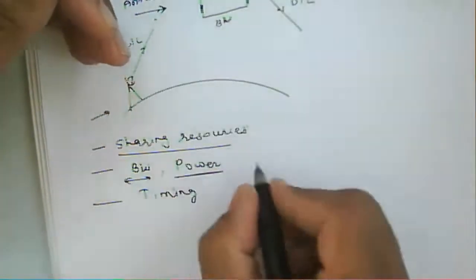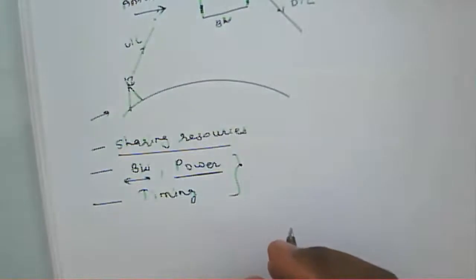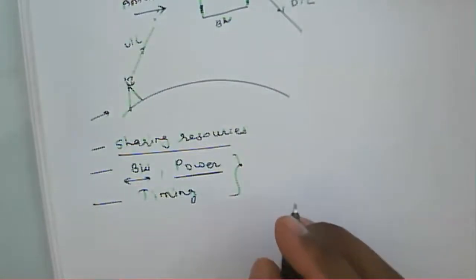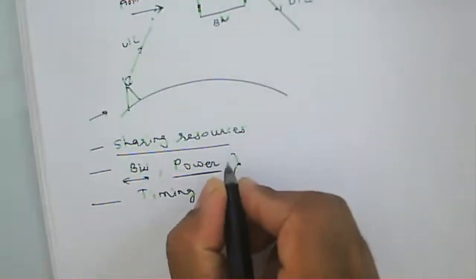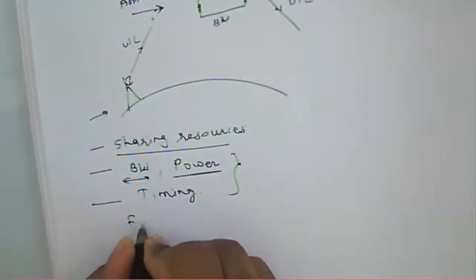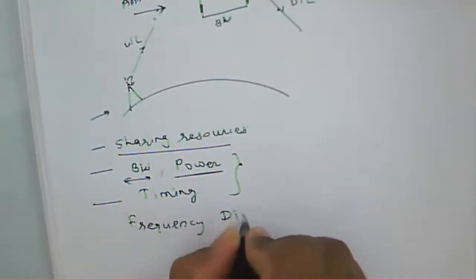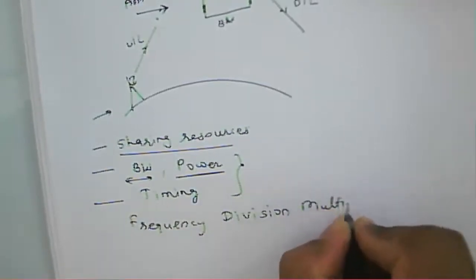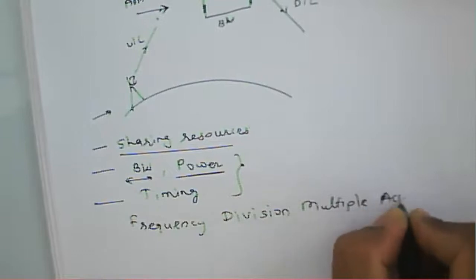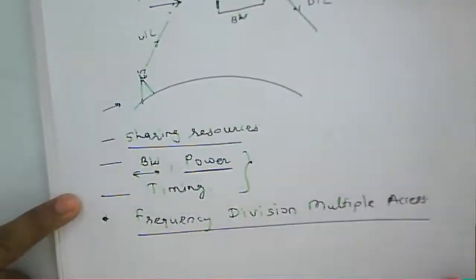Now this multiple access system is sharing the bandwidth, sharing the power and sharing the time, and according to that there are different types of multiple access systems. Frequency division multiple access is FDMA.